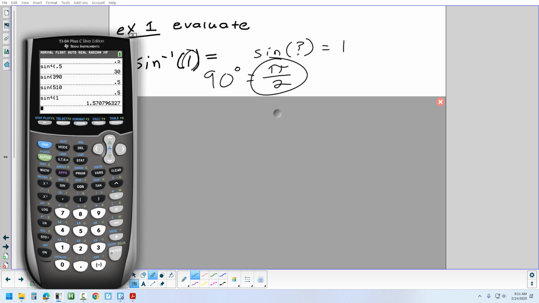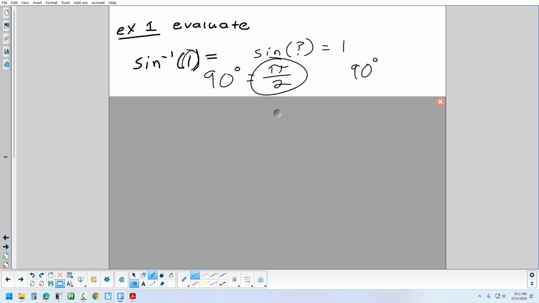That's a decimal. If you had done the problem in degrees, you would have noticed that it comes out to a nice answer, 90.